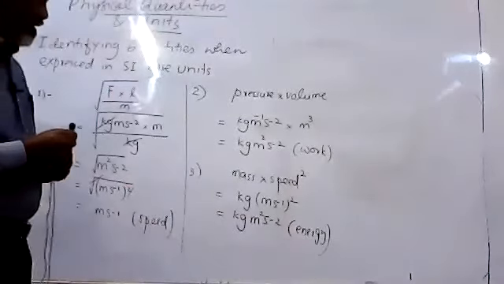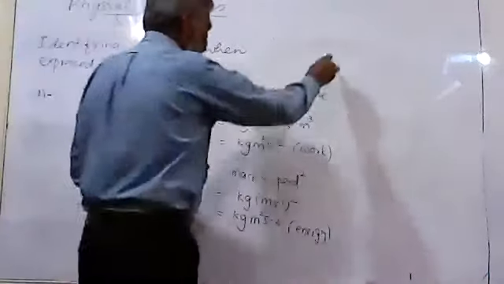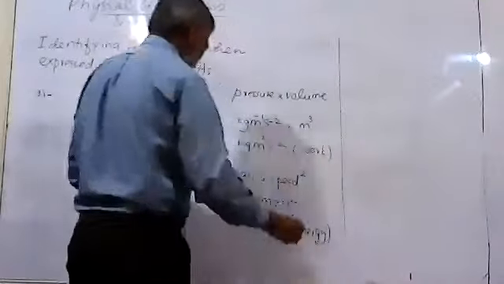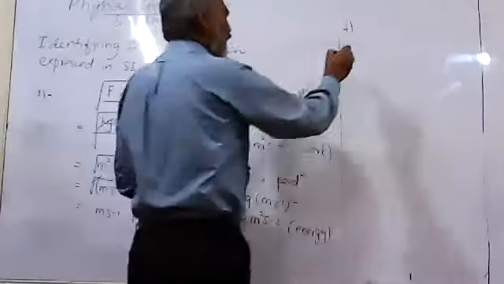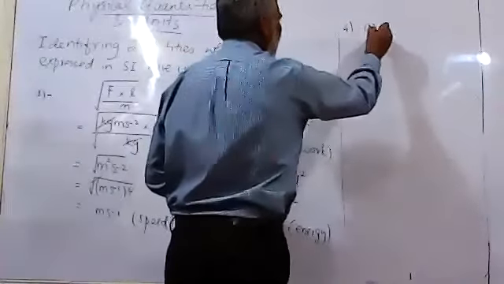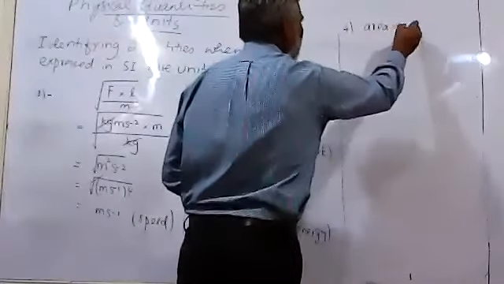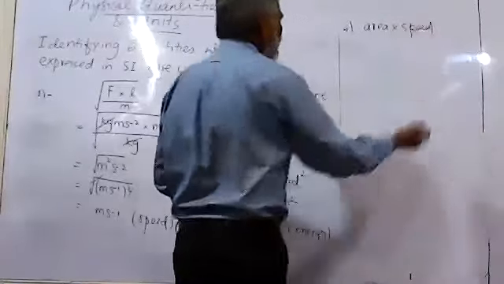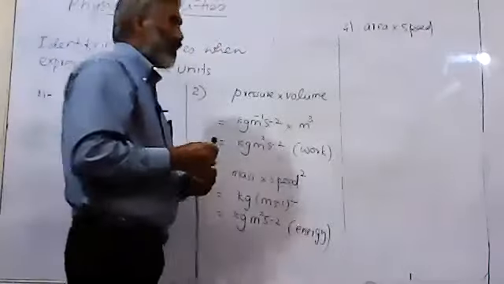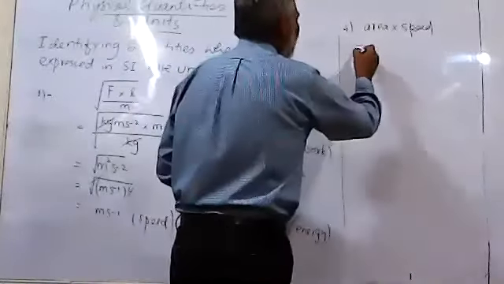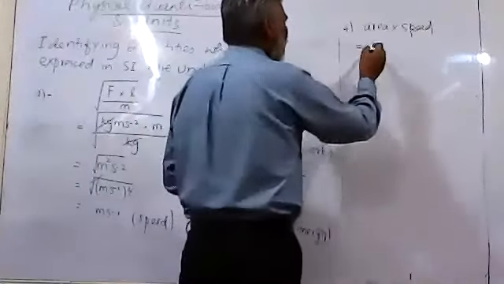Another example could be that of area multiplied by speed. What quantity is it? Again, it's not easily recognizable, but let's see what it comes out to be.